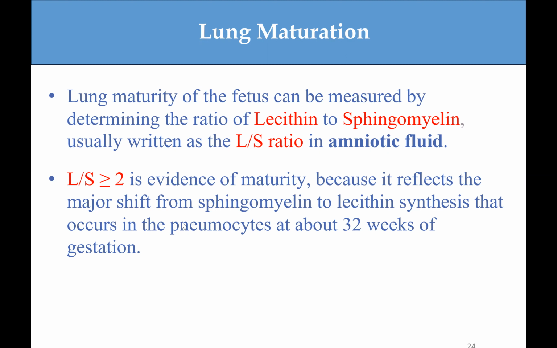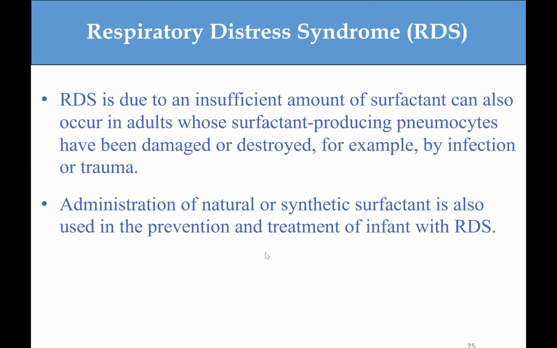And it happens because the pneumocytes are making more lecithin than sphingomyelin, and this would happen around 32 weeks of gestation. And if there is an insufficient amount of surfactant, there would be something called respiratory distress syndrome.